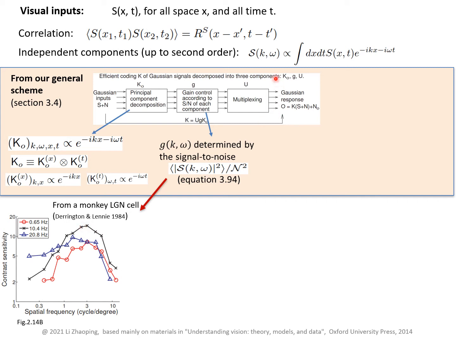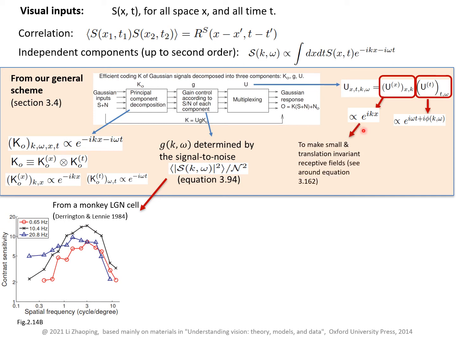For the third step, multiplexing transform matrix U in both space and time. In space, we can do the inverse Fourier transform like we did for the efficient spatial coding when we focused on the spatial dimension alone. And in time, we can do the inverse Fourier transform in time like we did for the efficient temporal coding, focusing on time alone.